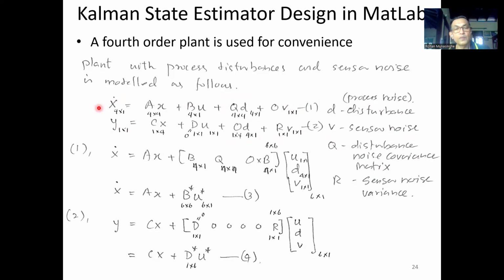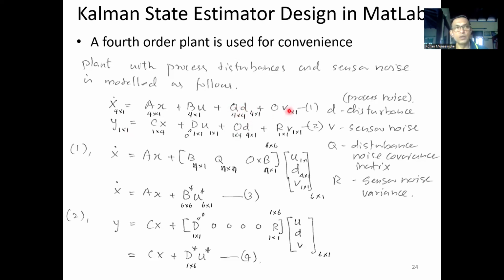Now, there are some zeros over here, you can see, because for completeness we leave them there without taking them away, but with a zero weight, which means it's not there. For example, the disturbances are generally not part of the output matrix, so it's 0 times d, but disturbances are part of the state transition, so they are there with some weightage matrix Q over here.